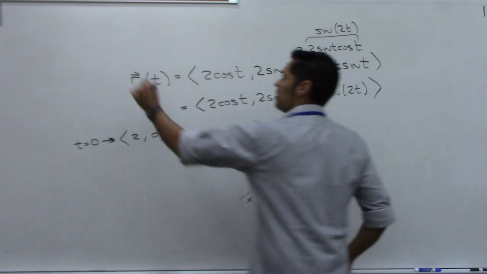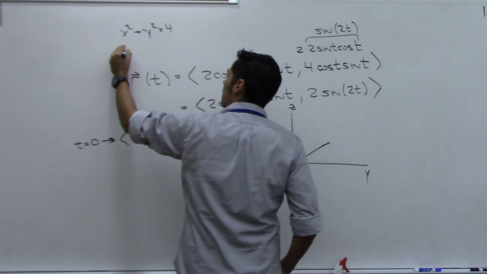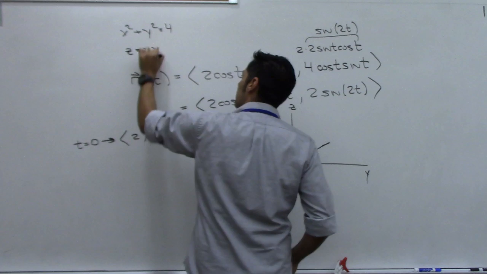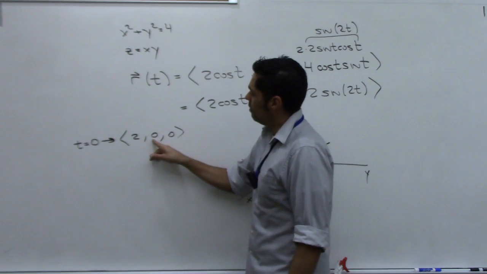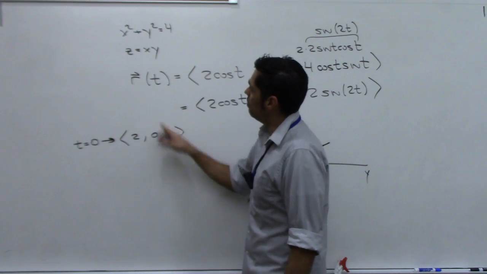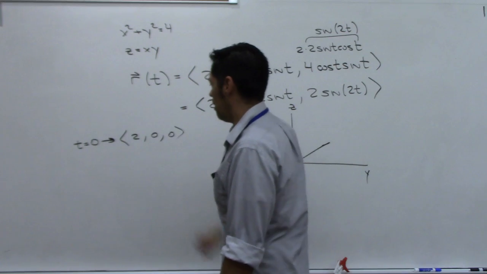Remember, the cylinder was x squared plus y squared equals 4, and the weird surface was z equals xy. Notice that if we replace x with 2, y with 0, and z with 0, this equation is true, and this equation is true at the same time. So you can check them yourself.